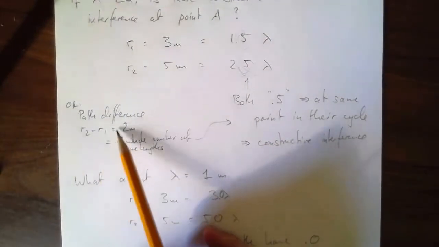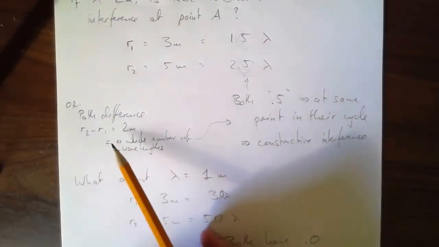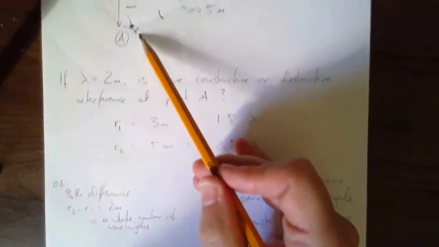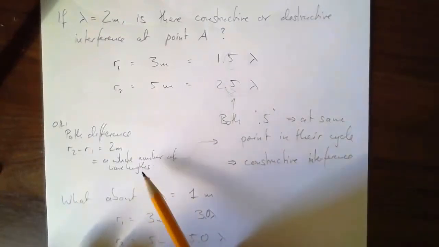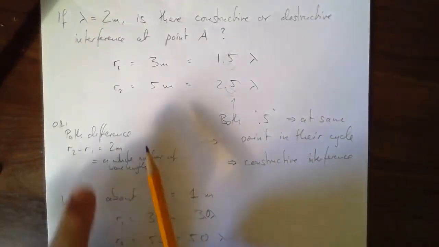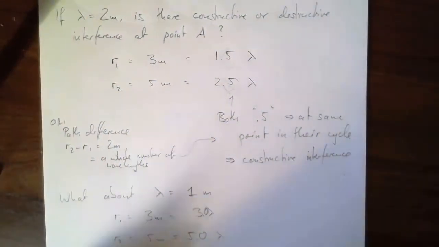Or I can just say, if I look at the difference in the path length, that's a whole number of wavelengths, so the phase difference between them is exactly a full number of cycles, in this case 1 full cycle of going up and down. They're both going up and down at the same time, it's just that one is a whole cycle behind, but you can't see that, of course.